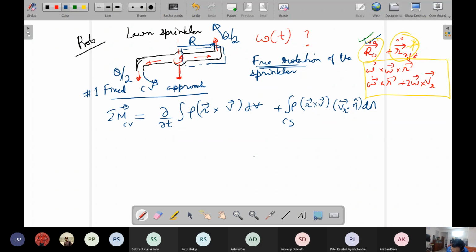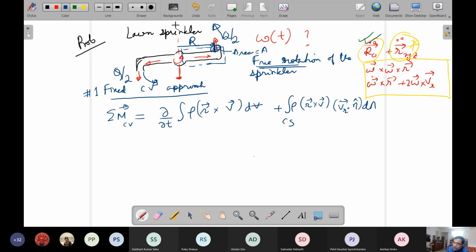Let us say the area at which the fluid is coming out is A. So density rho, volume flow rate Q by 2, area A, and radius of the arm capital R.